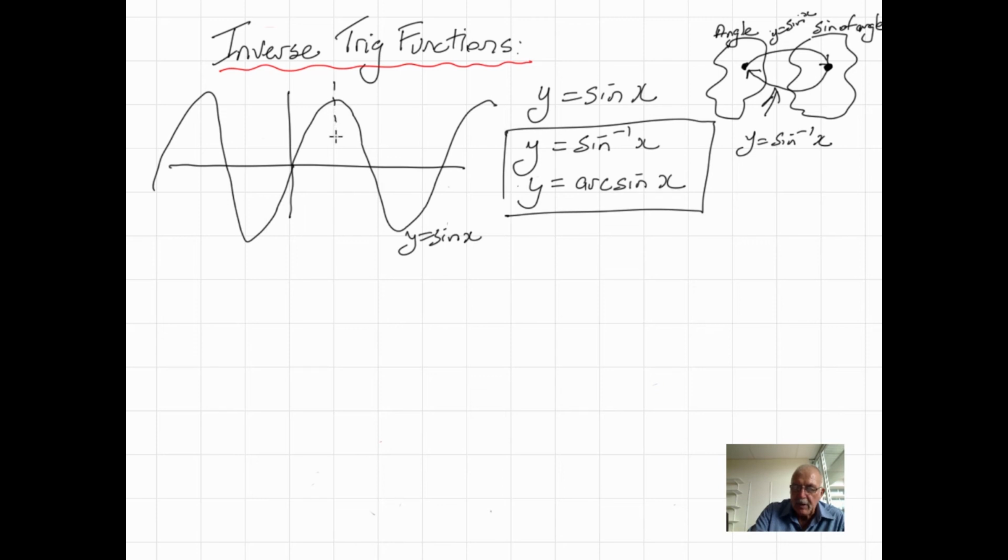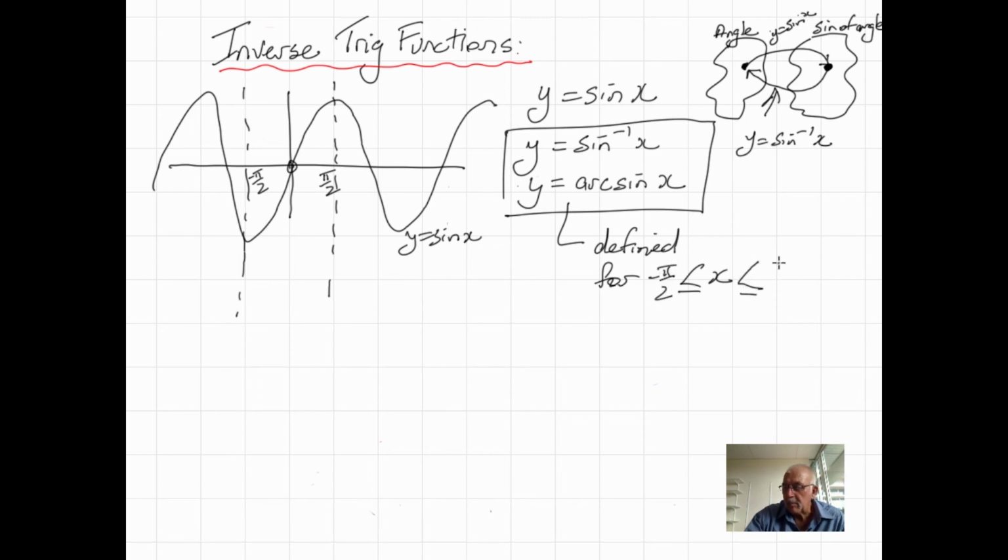Now, if we go from here to here, that point there corresponds to pi on 2, and this is minus pi on 2 in radians, so this is the origin. So this is defined for x between minus pi on 2 and plus pi on 2.